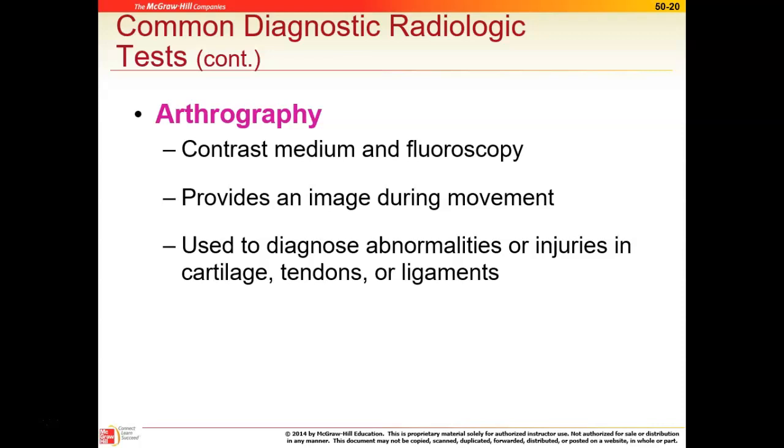Now, honestly, we'll talk briefly about an MRI. Since the invention of the MRI, a lot of these fluoroscopic procedures don't need to be done or aren't done as frequently because the MRI has no contrast medium, or you don't have to do it with contrast medium.